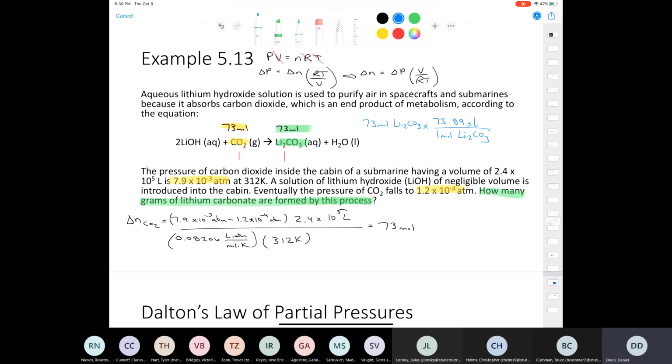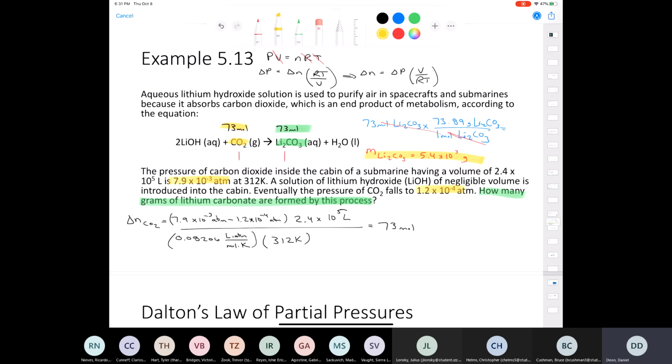You can see that moles of lithium carbonate cancel out, and I'm left over with the mass of lithium carbonate, which is equal to 5.4 times 10 to the power of 3 grams. And there is my final answer.